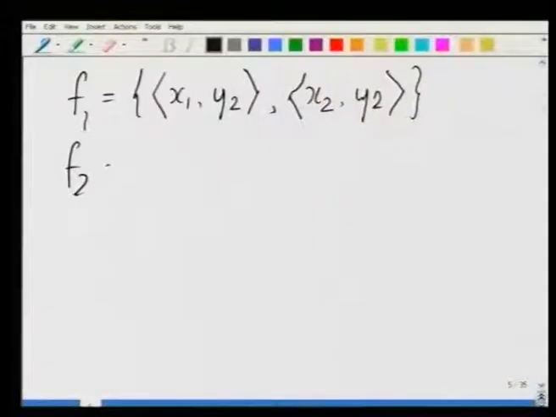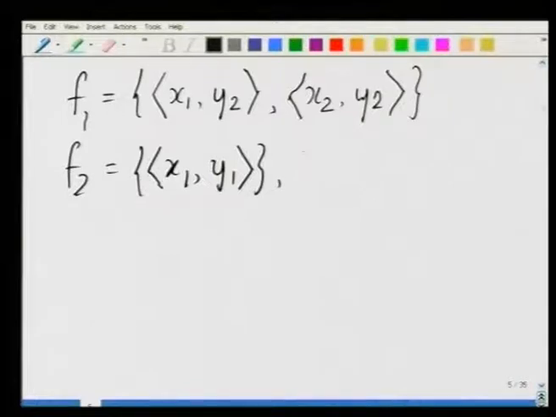I could make a different function between the same pair of sets, for example, this. One correction, let me do it on screen. There, it is gone, because the set F is not yet complete.